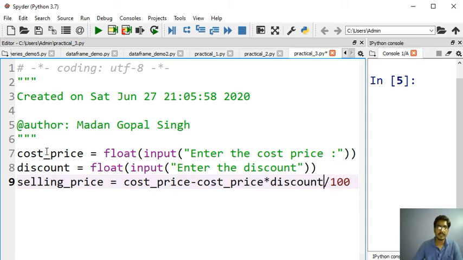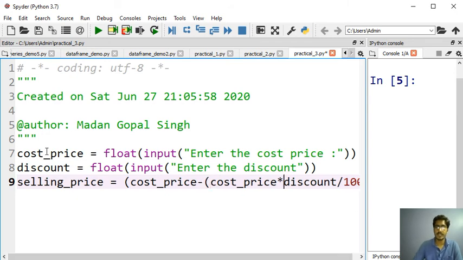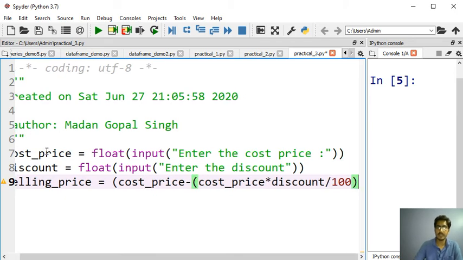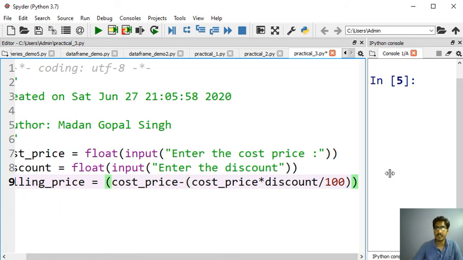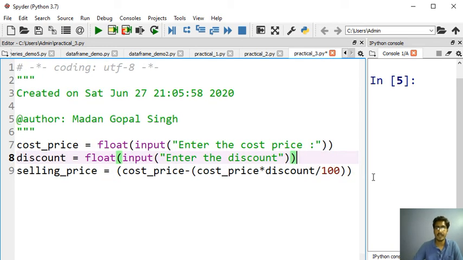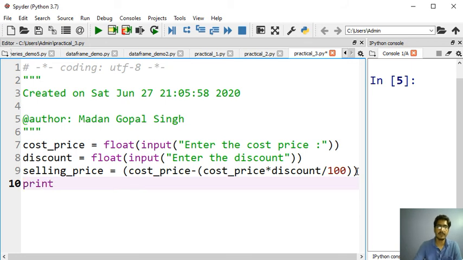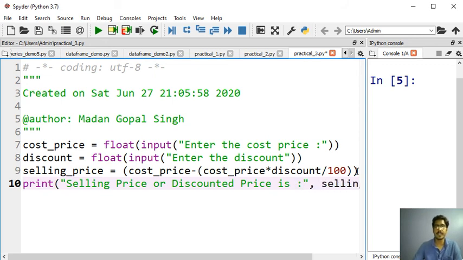Then we will put it in a parenthesized expression so that I don't have any problem. Okay, so this is how we have written this. Now we will simply print the selling price, or we can say discounted price is, selling price.